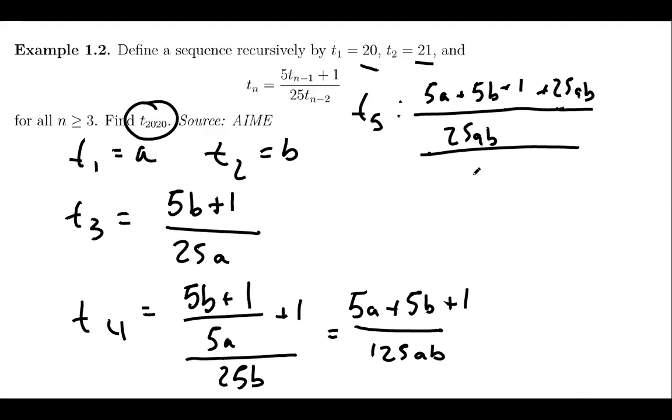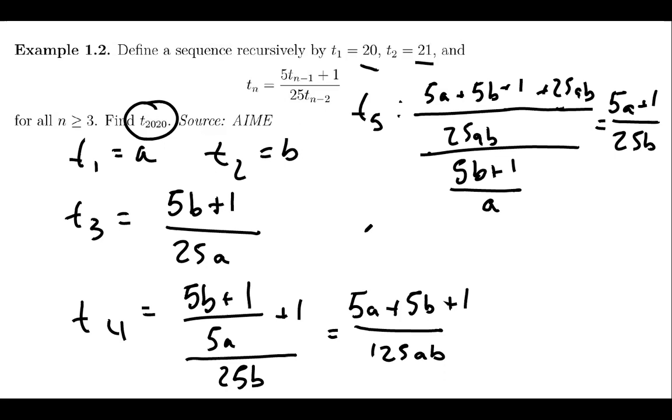Then again, we add 1, and then the stuff in the denominator would be (5b plus 1) over a. And this turns out to be (5a plus 1) over 25b.